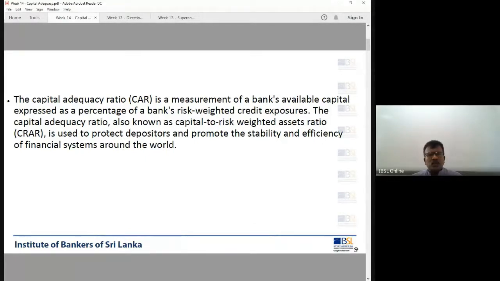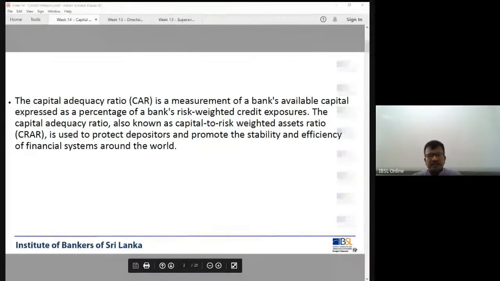The ratio is used to protect depositors and promote the stability and efficiency of the financial systems around the world. Means what? Capital adequacy ratio ensures a bank cannot give loans more than the stipulated amount, more than the designed amount for them. With that, the banking system ensures they are stable.